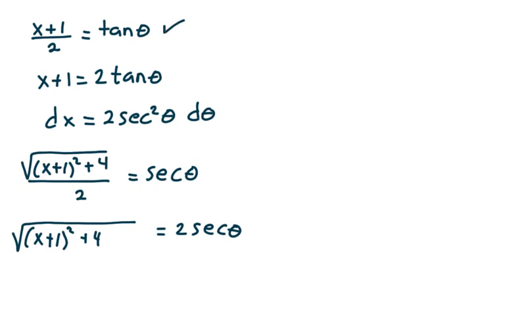Multiplying both sides by 2, we get x plus 1 is 2 tangent theta. dx is 2 secant squared theta d theta. And then the square root of x plus 1 squared plus 4, divided by 2, is secant theta. Multiplying both sides by 2, we get the square root of x plus 1 squared plus 4 is 2 secant theta.